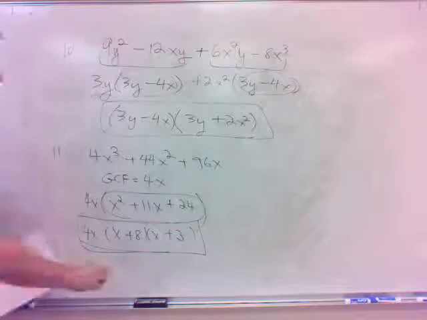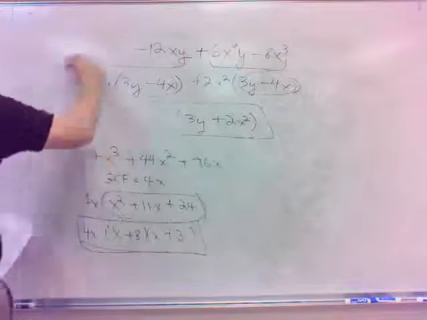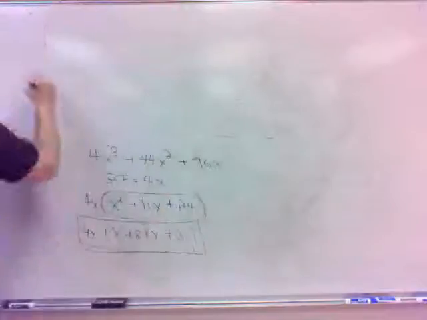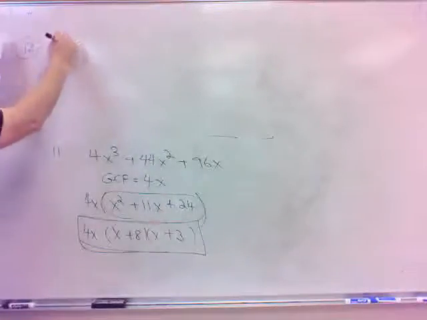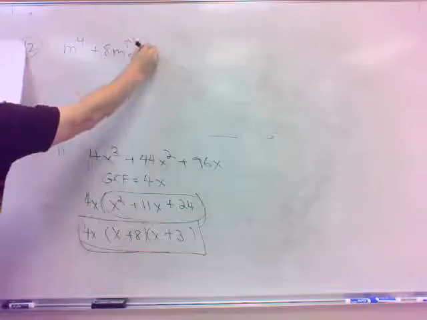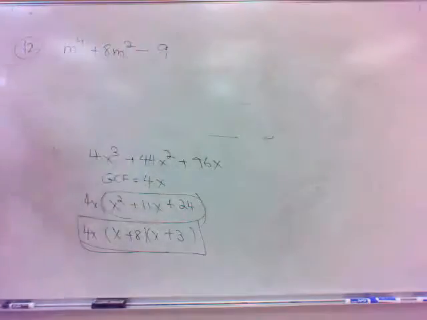All right, what about number 12? Well, we have there m to the 4th plus 8m squared minus 9. There is no GCF here, so I'm out of luck on that.